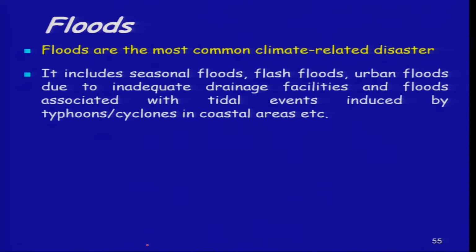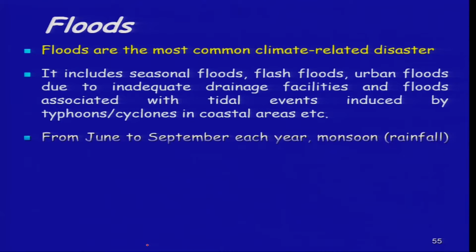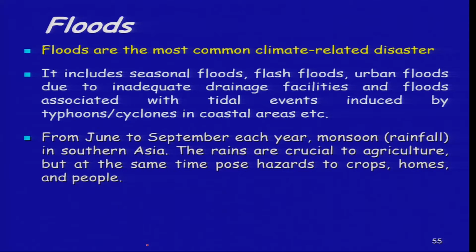So, it includes seasonal floods, flash floods, urban floods due to inadequate drainage facilities, and floods associated with tidal events induced by typhoons and cyclones in the coastal areas. Okay. Mostly when we have the monsoon, extreme monsoons, we have these problems. So, from June to September each year, the monsoon in southern Asia results in most of the areas being flooded because of inadequate drainage.